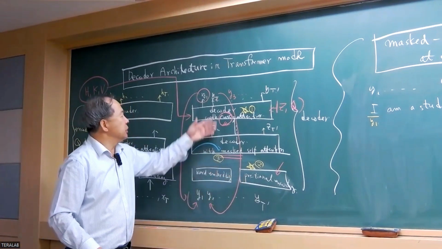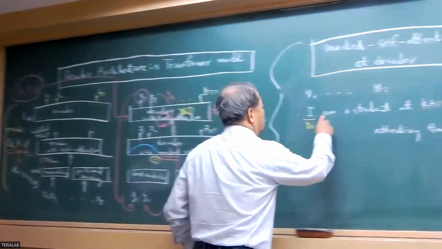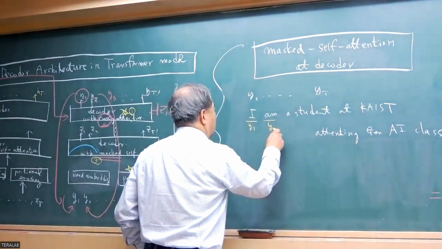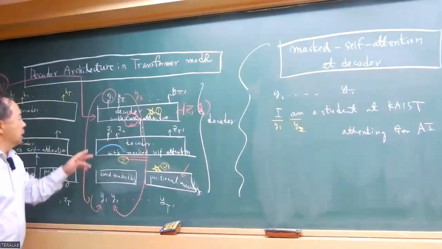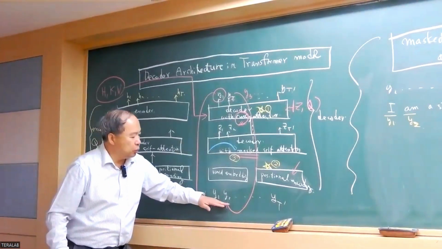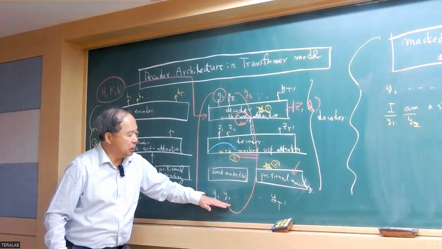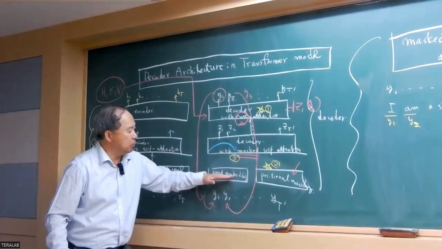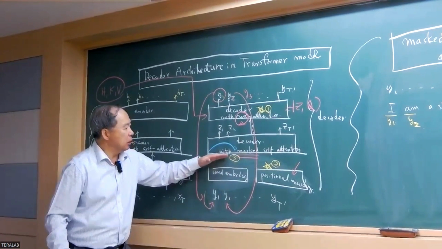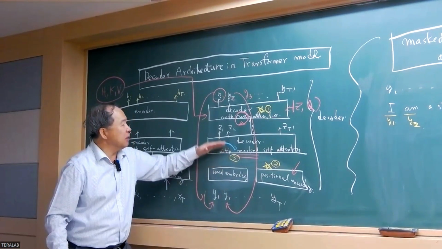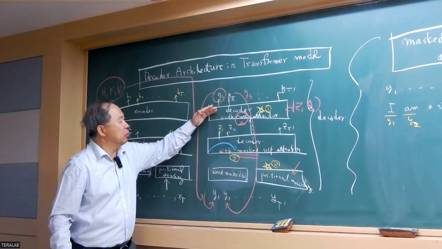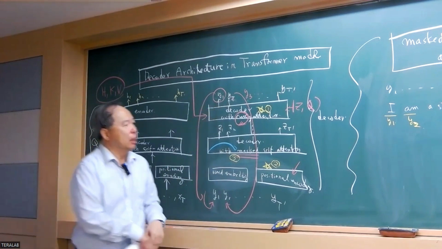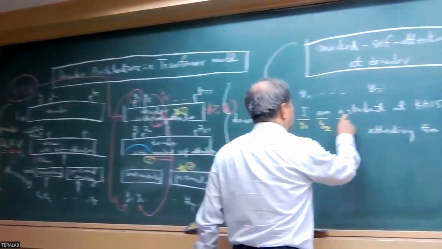And then we're going to generate y2. Then y1 and y2 will be the input of the decoder, going through word embedding and positional encoding, then self-attention, and finally the cross-attention, and we're going to generate y3.